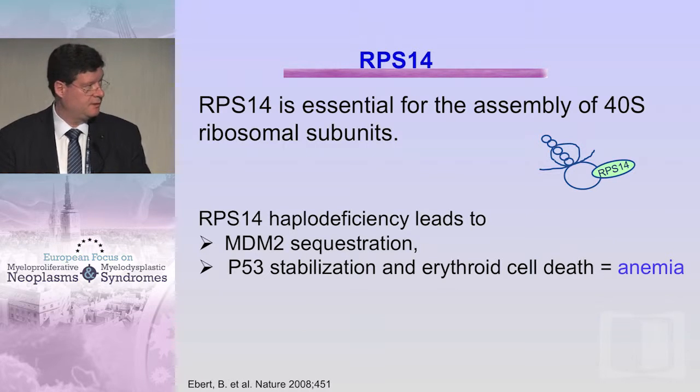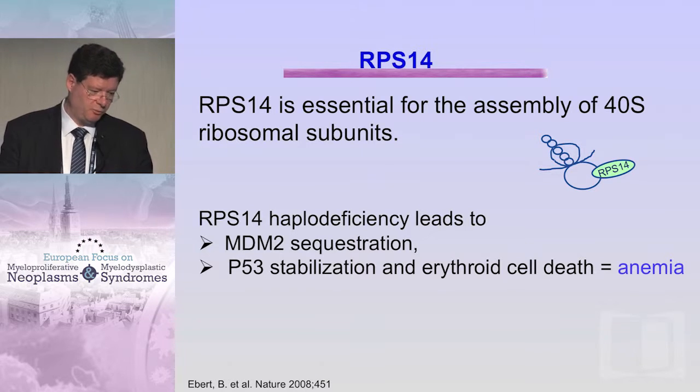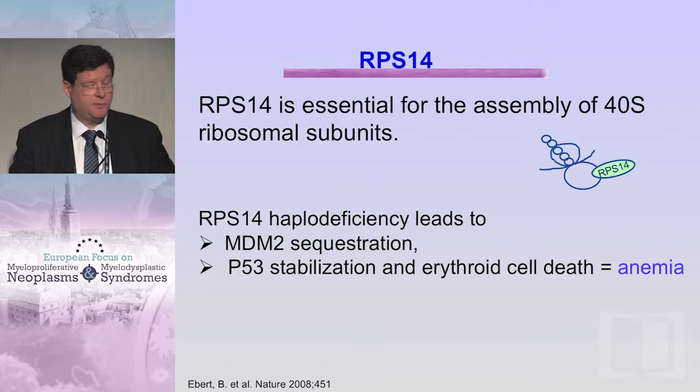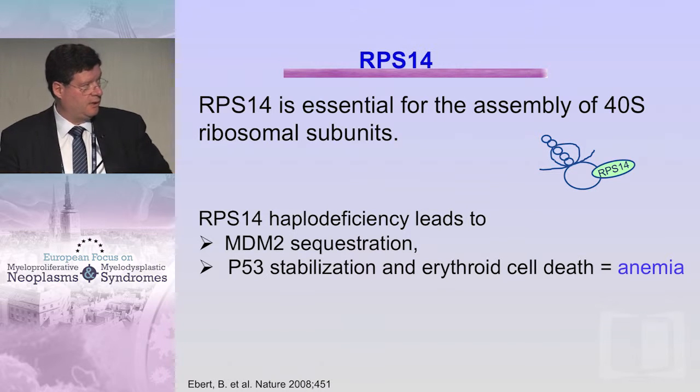The first gene shown to be a proof of concept of haploinsufficiency in 5q- was ribosomal protein S14, which is essential for assembly of ribosomal subunits.